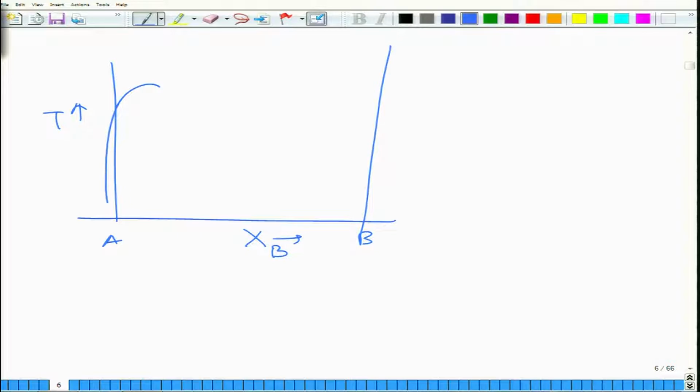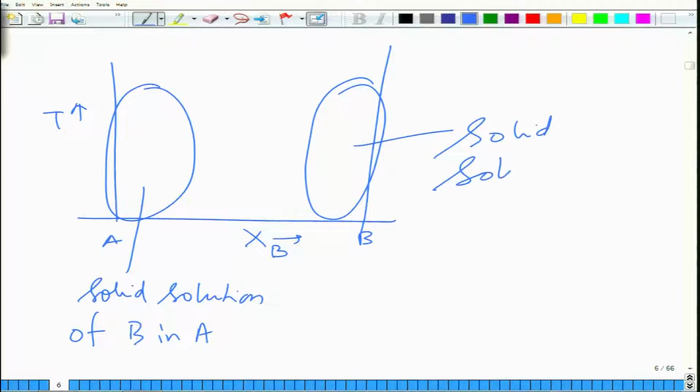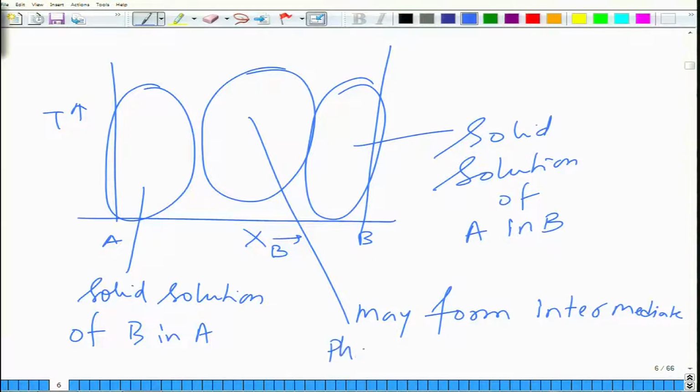So on this side they may form solid solution of B in A. On this side they may form solid solution of A in B. Somewhere in between they may form, either these two solid solutions may coexist or they may form intermediate phases which are different to solid solutions. So that is a possibility that may occur in material systems.